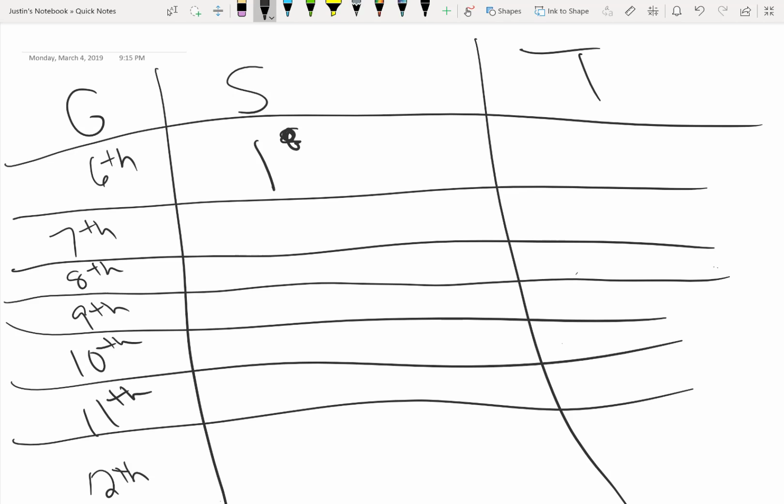And it says while it is Sue Ellen's first year, it is Tara's 5th year in 6th grade. So there you put 5. So after that, you're just going to keep counting by 1s, because if it's her first year in 6th grade, it's going to be her 2nd year in 7th grade. And if it's Tara's 5th year in 6th grade, it's going to be her 6th year in 7th grade. So you're going to keep going. All you're doing is counting by 1s here.